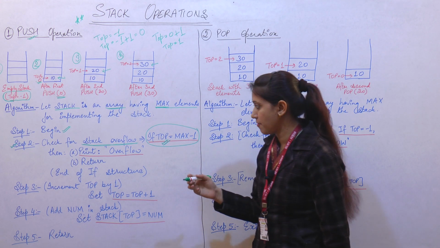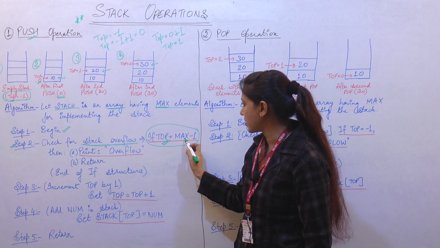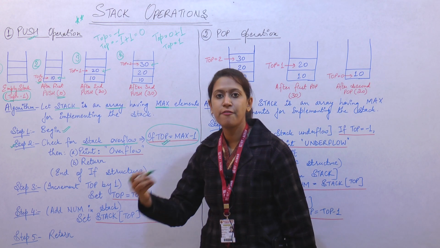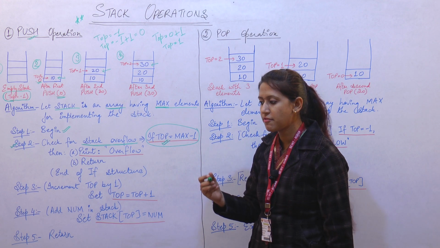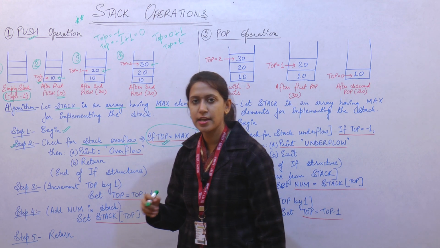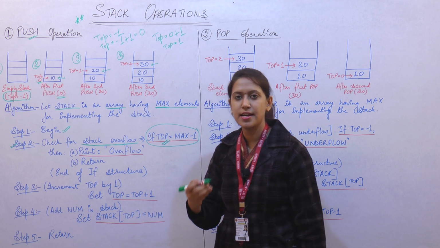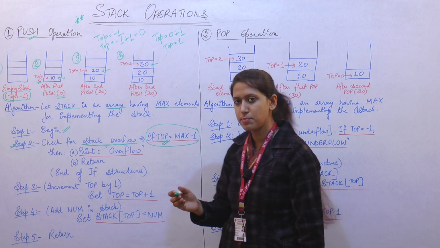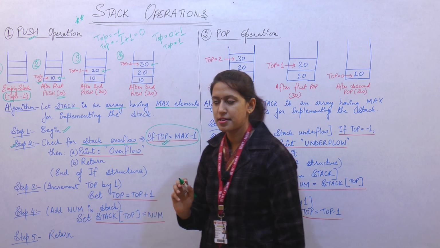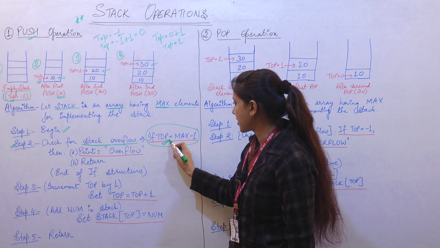So for checking the condition of stack overflow, we will implement this if condition: if top equals max minus 1. Now if this condition gets fulfilled, gets true, that means our stack is full, stack is overflow, we cannot insert any single element in that stack and our program will return. So that's why we are checking.